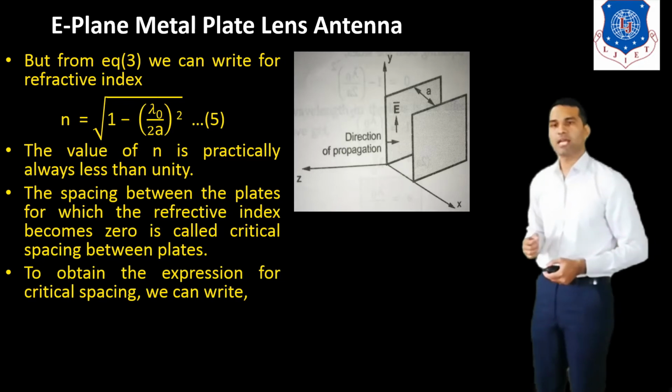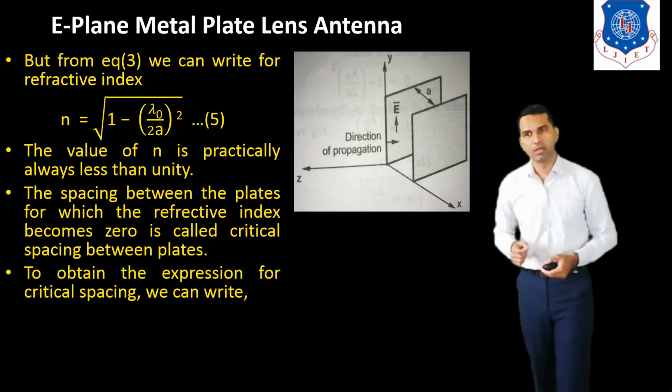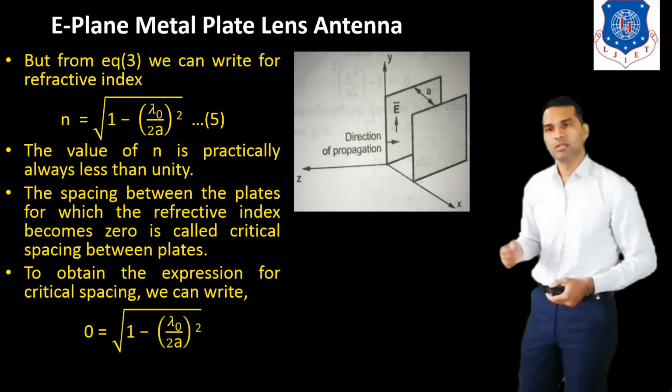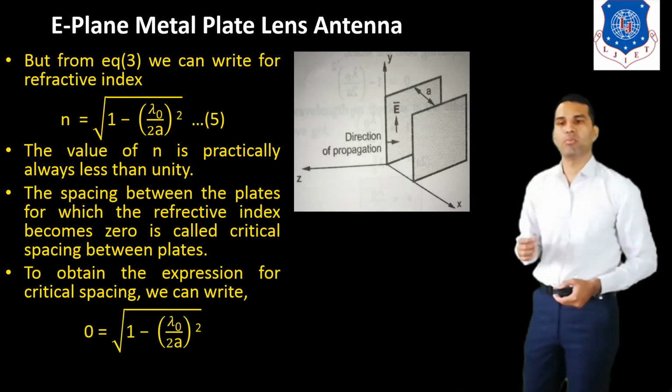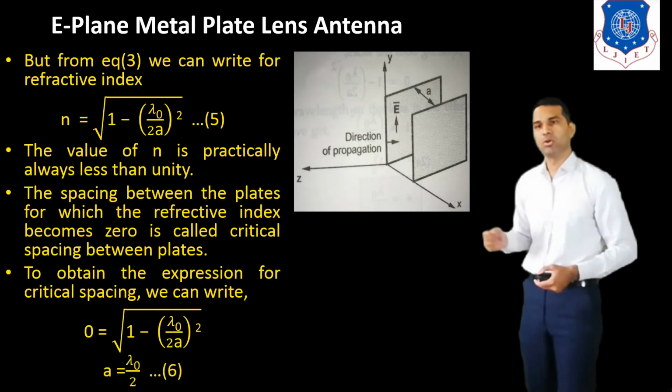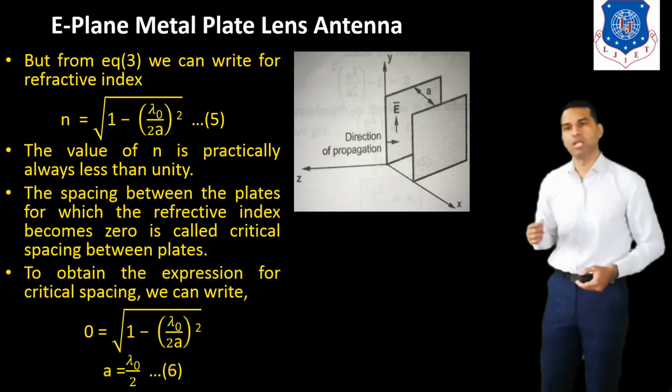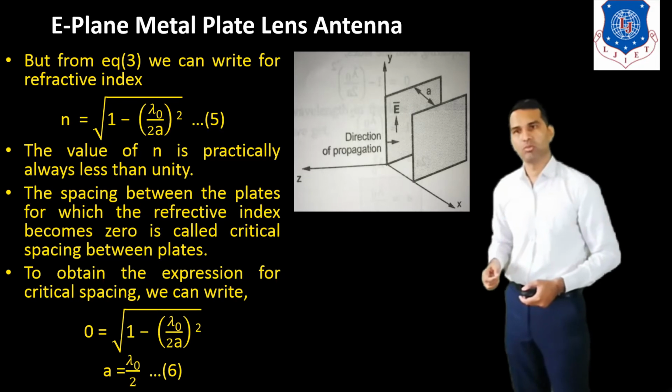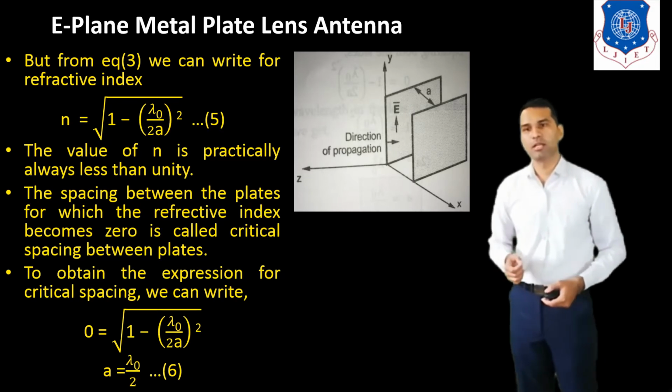To obtain the expression for critical spacing, we can write 0 equals under root of 1 minus (lambda 0 upon 2a) square. So we get a equals lambda 0 by 2. So this is the case for the critical spacing.